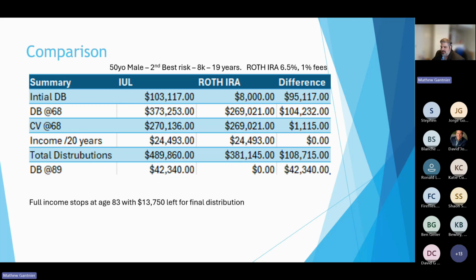So if the S&P returns 5% and your cap is 10%, you'll get that 5%. If your participation rate is 200, you'll get 10%. But once again, that cap rate is going to cap that performance. If the S&P returns 30 points, you're going to be capped at that 10%.